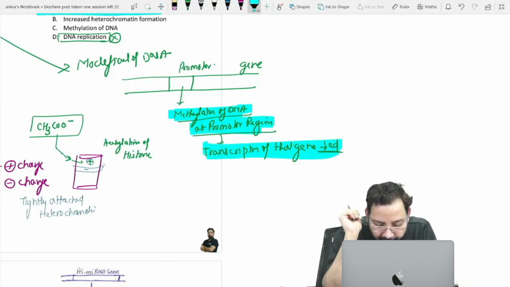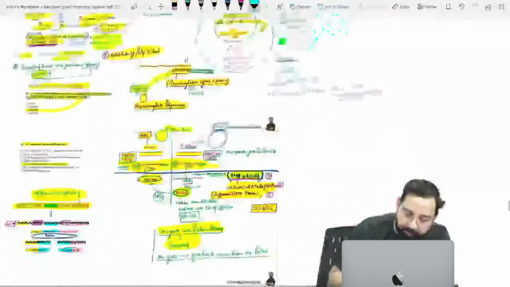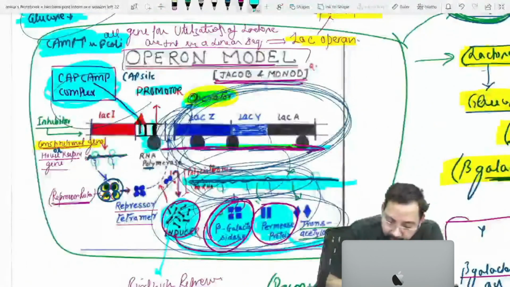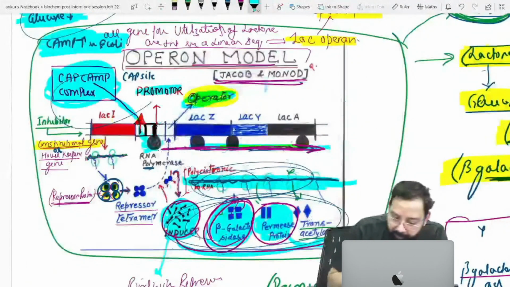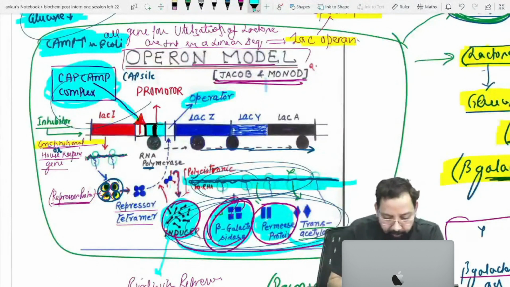So with methylation of DNA, transcription is decreased, and you can easily understand this. RNA polymerase attaches to the promoter region and synthesizes messenger RNA.